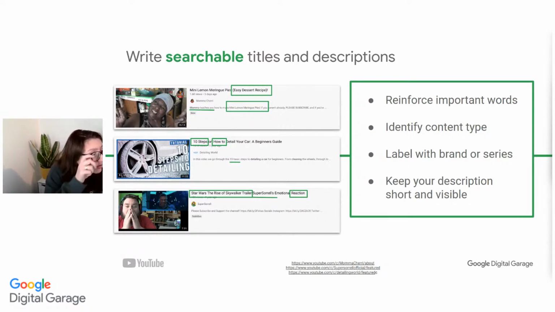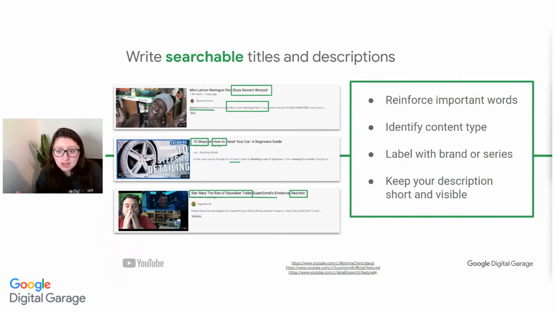Then we've got in the description, Mama teaches you, again links back to the inspiring and the showing people how to. Mama teaches you how to make mini meringue pies. If you haven't already, please subscribe. So again, it's giving us in that description not just a stream of keywords, but it makes sense to a human being.